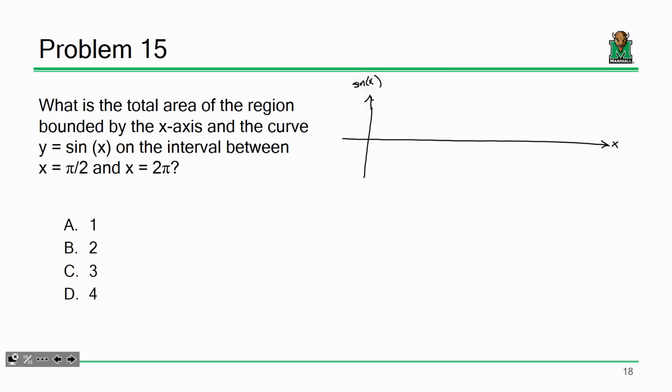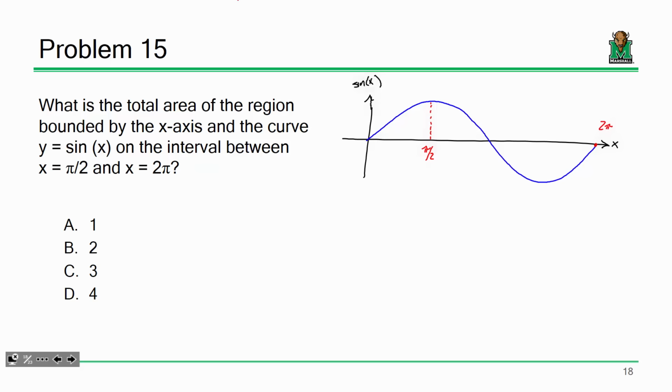All right, so what do we got? Something about like that, right? So this is negative pi over 2. This is 2 pi, right?